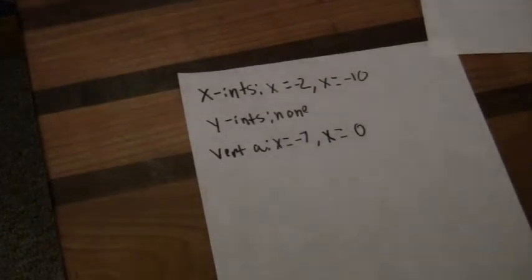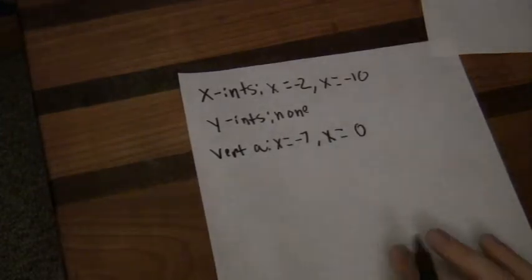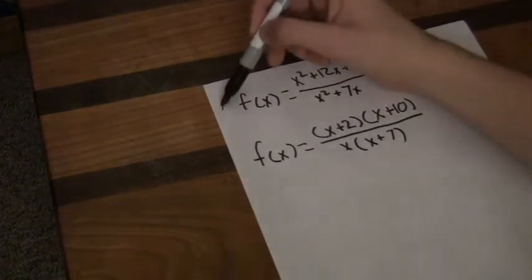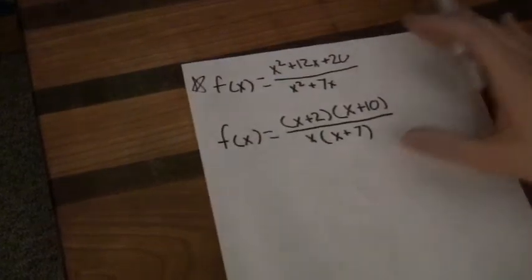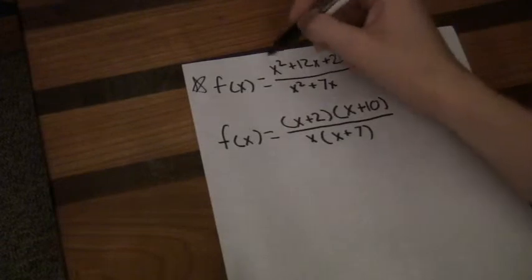And another thing we got to find is the horizontal asymptote. Now this one's pretty crazy to figure out, because you're going to look at the original thing you're working on. We're going to look at the coefficients of the a value, which in both of them are 1.